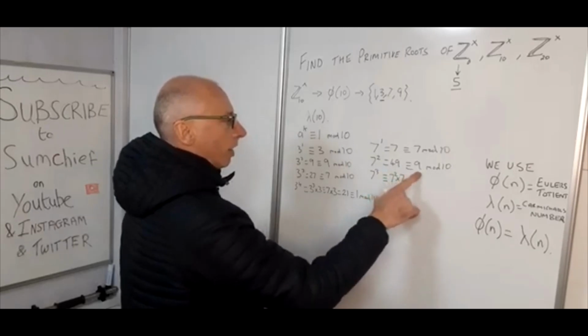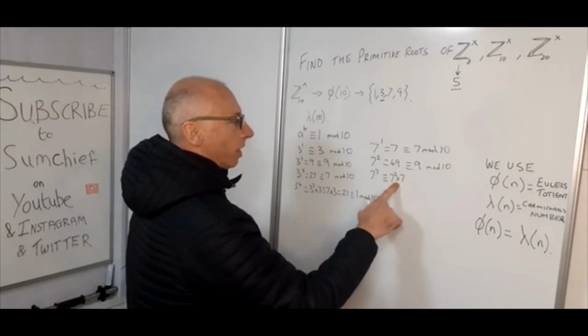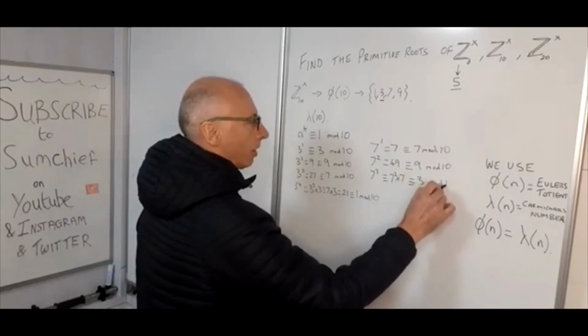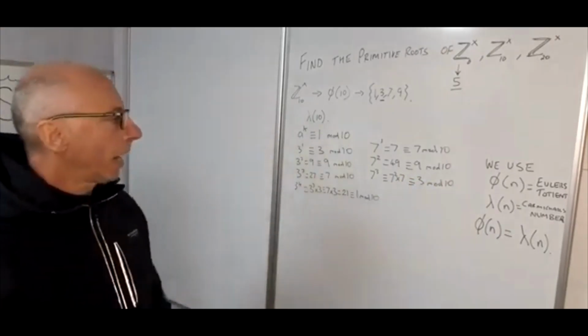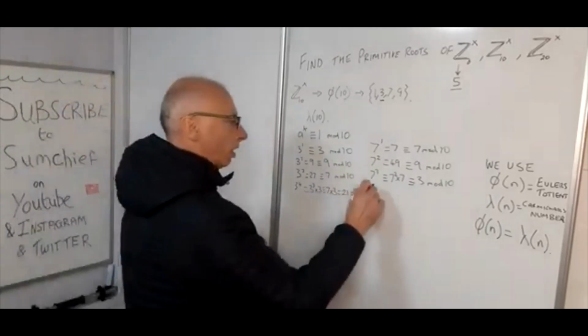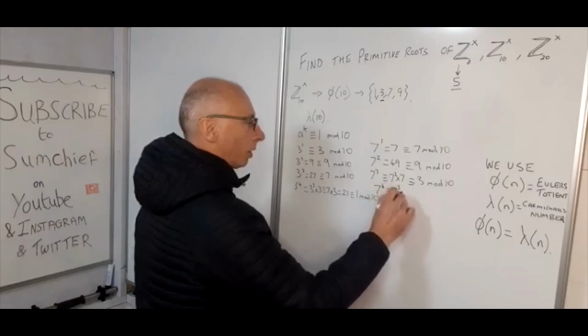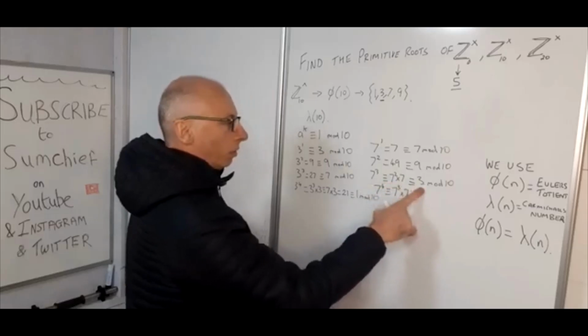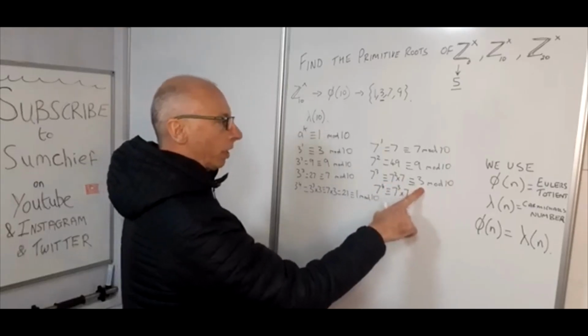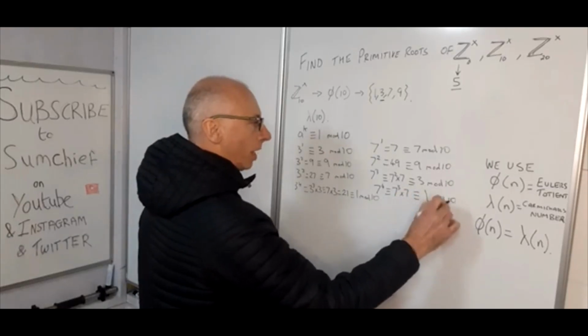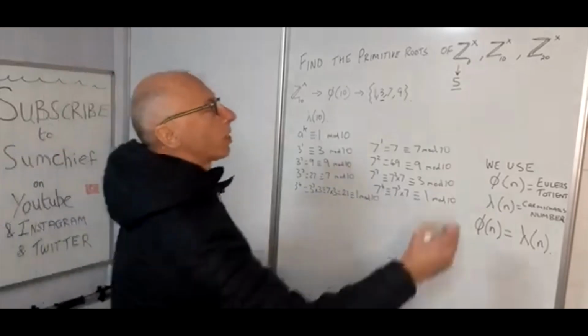So that's 7 times 9 is 63, which is congruent to 3 mod 10. And then the last one, 7 to the power of 4, which is congruent to 7 cubed times 7, which is 7 threes are 21. So that's going to be congruent to 1 mod 10. So 7 will generate the whole set as well.